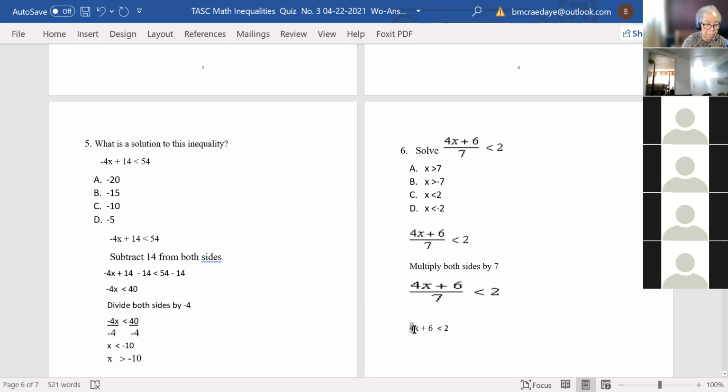So let me just copy it like this. Put this 7 here. And then we multiply both sides by 7, so times 7, and then we multiply this times 7.